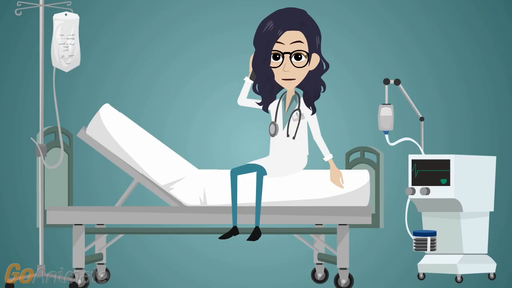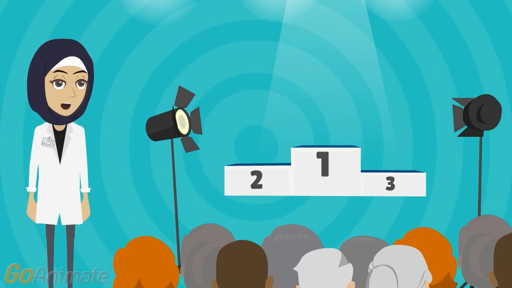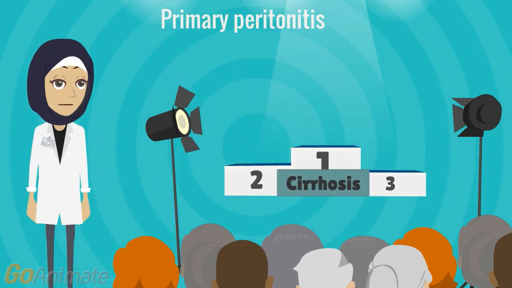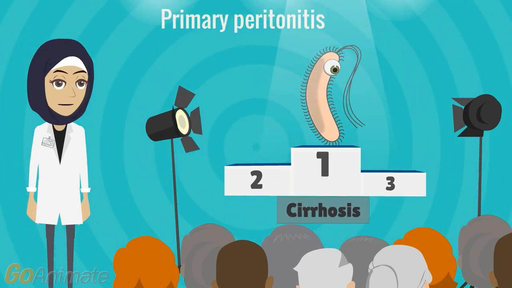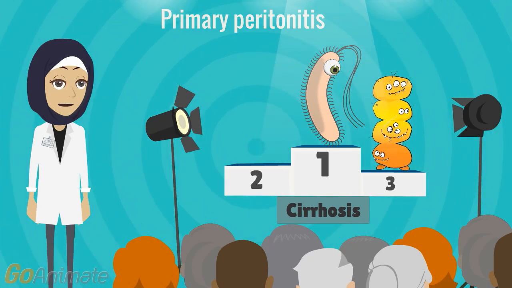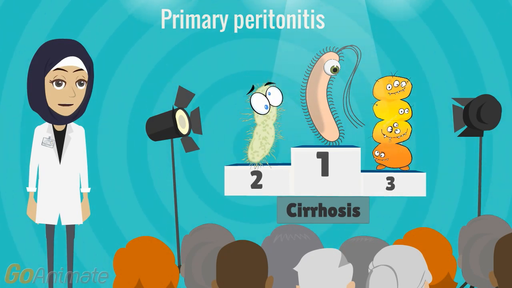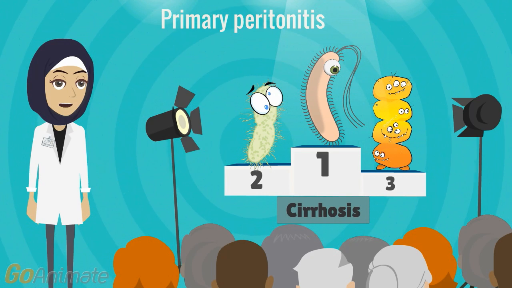So, you say that they are different from each other in the clinical presentation and the risk factors. So, the causative microorganisms must be different as well. Is that right? Yes, it actually differs from one type to another. For example, with the primary peritonitis, more than 92% of all cases of spontaneous bacterial peritonitis are monomicrobial.